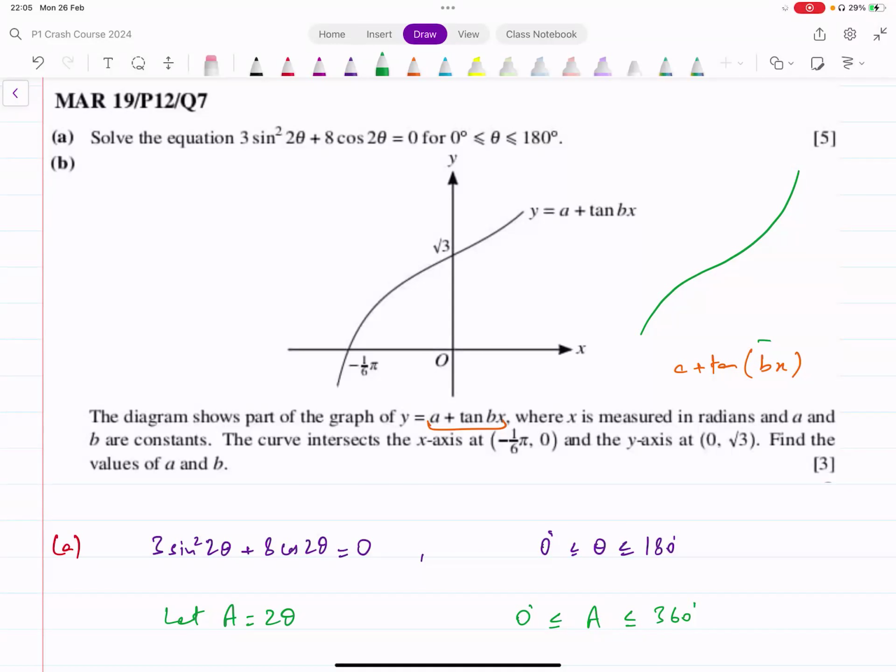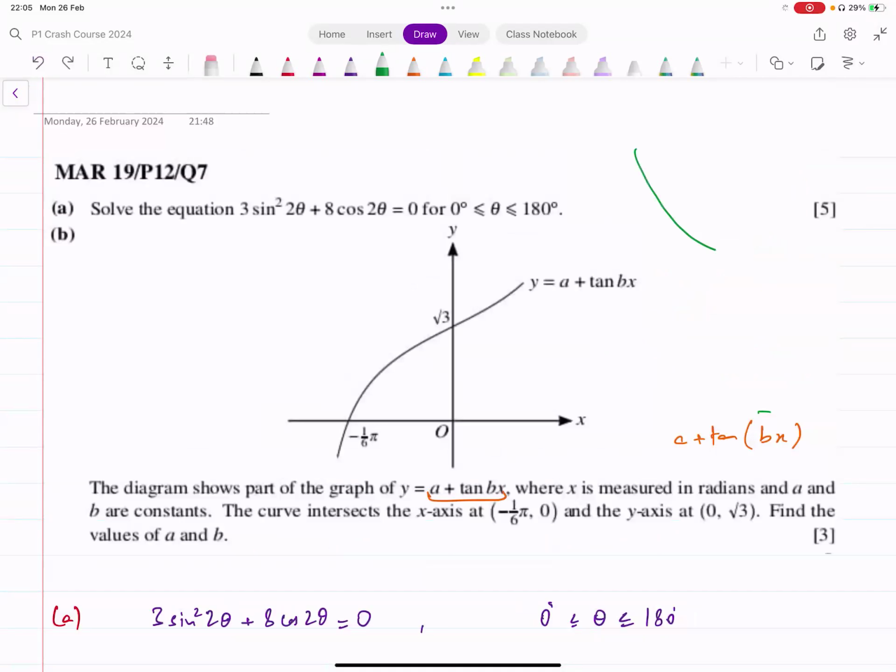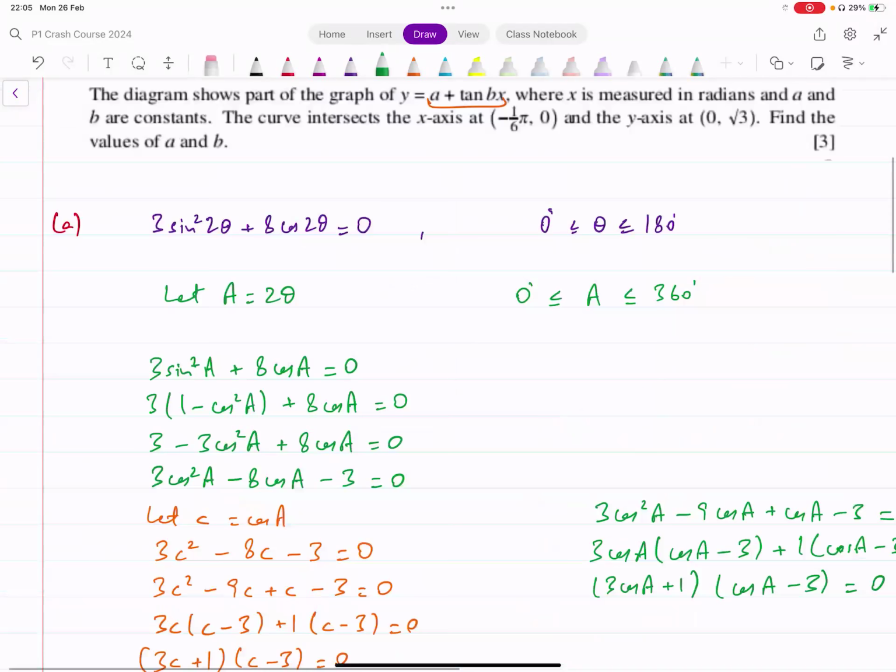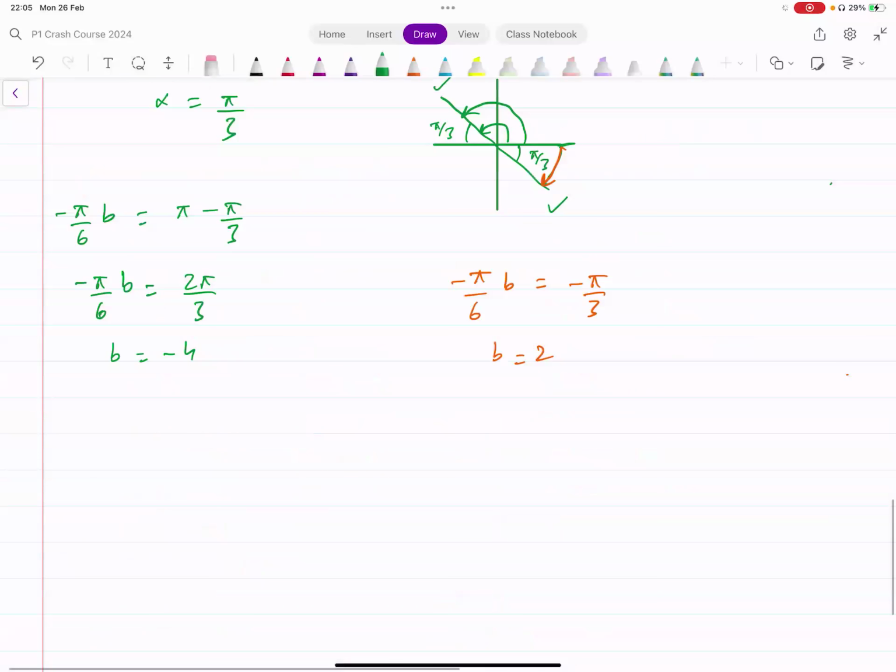If that reflection had happened, the graph would have become this. And that's not the case. The original tan graph goes like this. Okay, and that's exactly what's happening here as well. If it was reflected, it would look like this instead. That means the number b has to be positive. It cannot be negative. So we do not consider the negative result here.